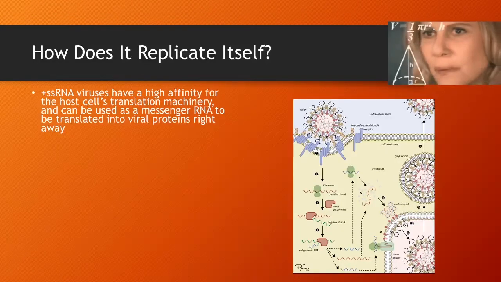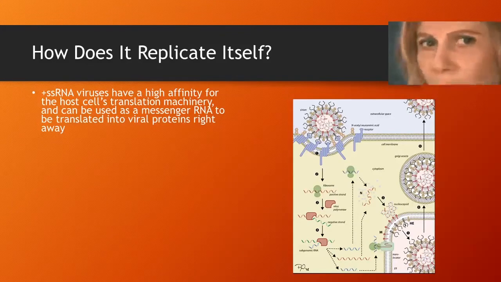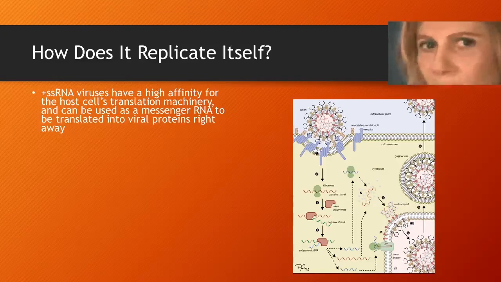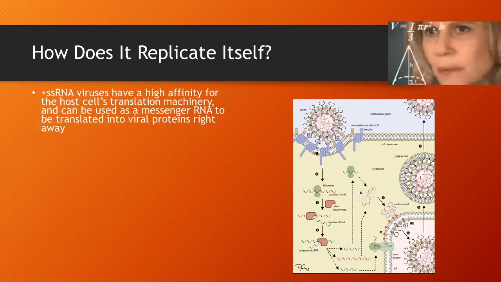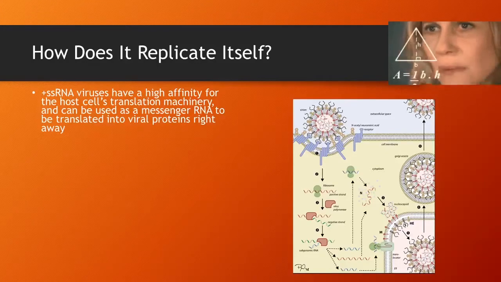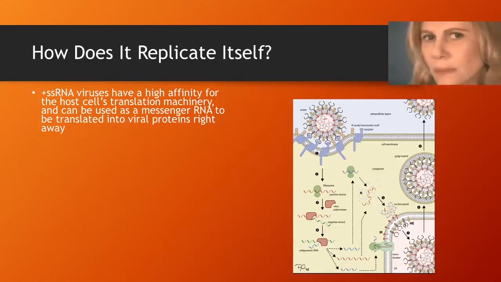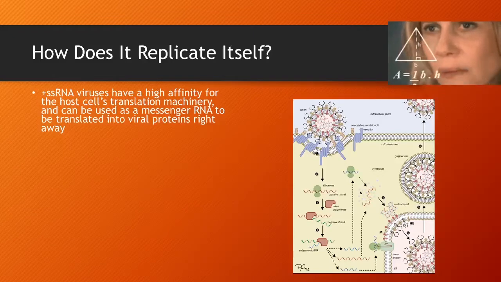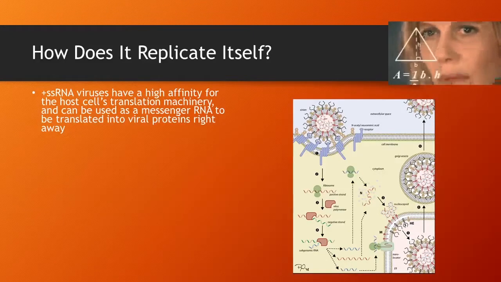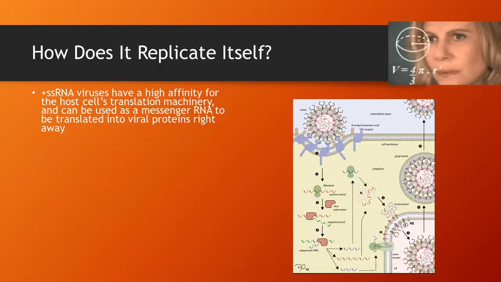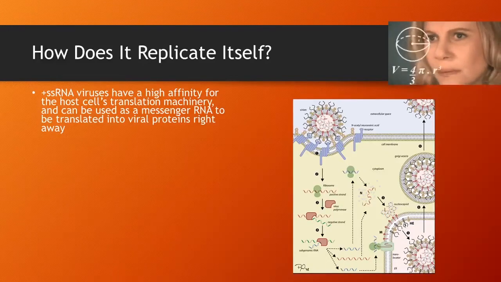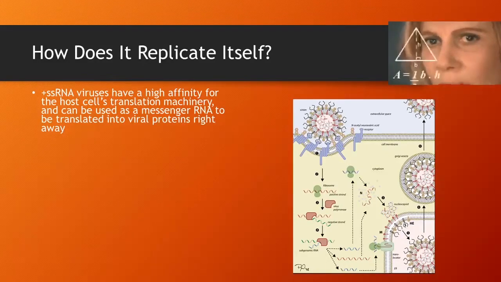Now, one of the other things that is important for these RNA viruses is that its RNA genome has a very high affinity for our cell's translation machinery. So all of the proteins, the ribosomes, everything that comes together to make our proteins, they actually have a much higher affinity for viruses than they do for our own messenger RNA, the RNA that we make to make our own proteins.